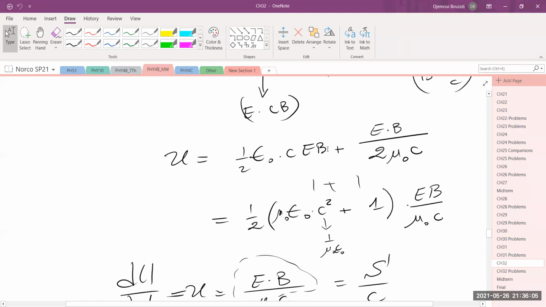We could have written it as 1/2 of epsilon times C times E times B, where B is just E over C. It's the same expression.